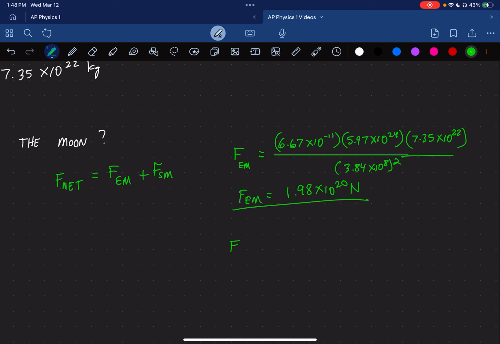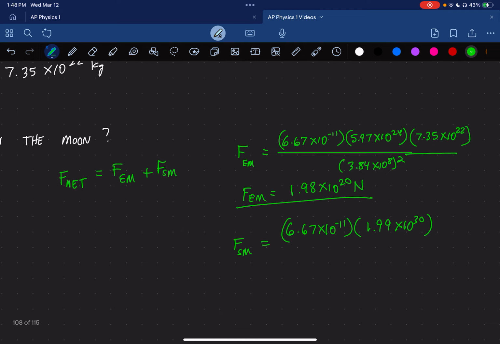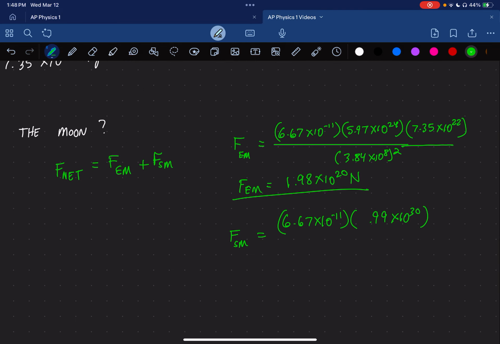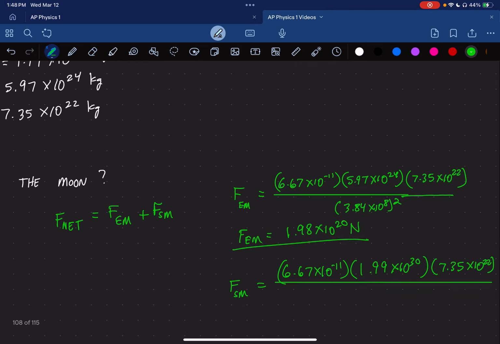Let's calculate the sun's gravitational force on the moon, 6.67 times 10 to the minus 11. The sun is 1.99 times 10 to the 30, I believe. And the moon is 7.35 times 10 to the 22, divided by their distance.